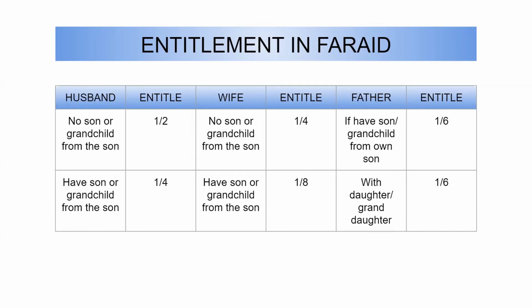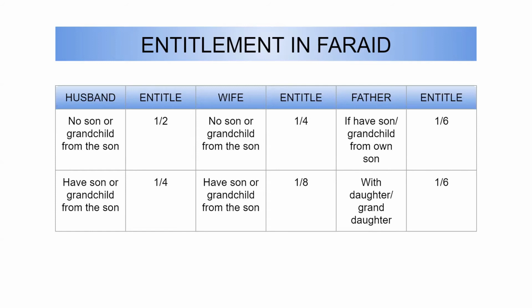If the father has a son or grandchild from his own son, the father is eligible to get 1/6 of the faraid. However, if the father is with a daughter or granddaughter, he is only eligible to get 1/6 of the Faraid.